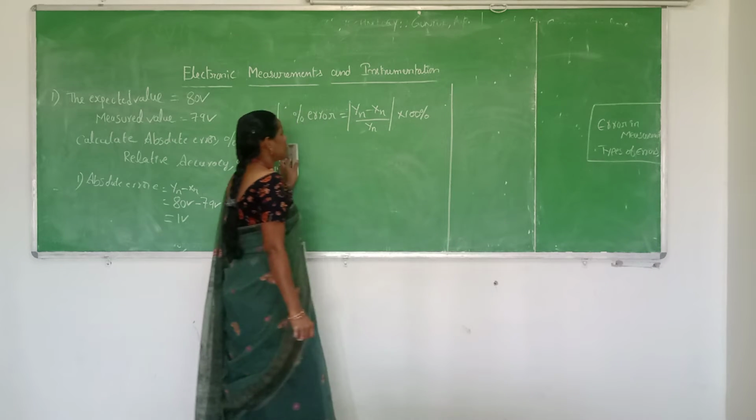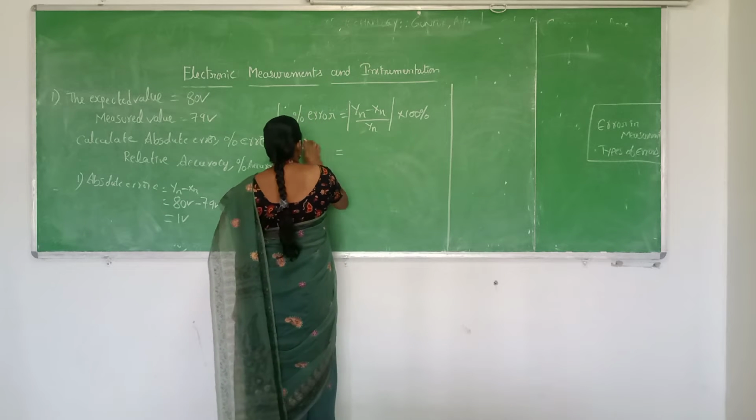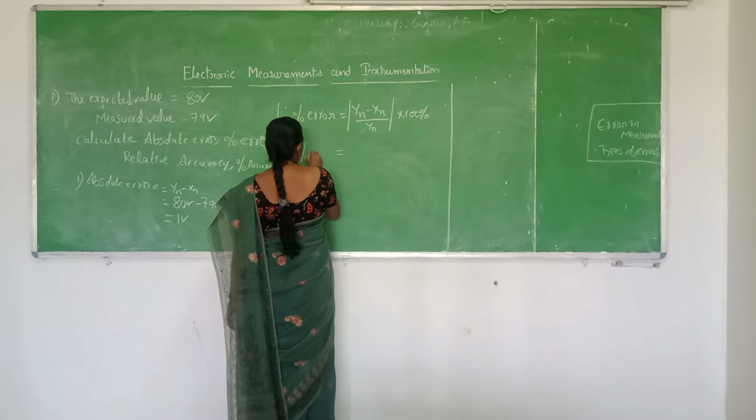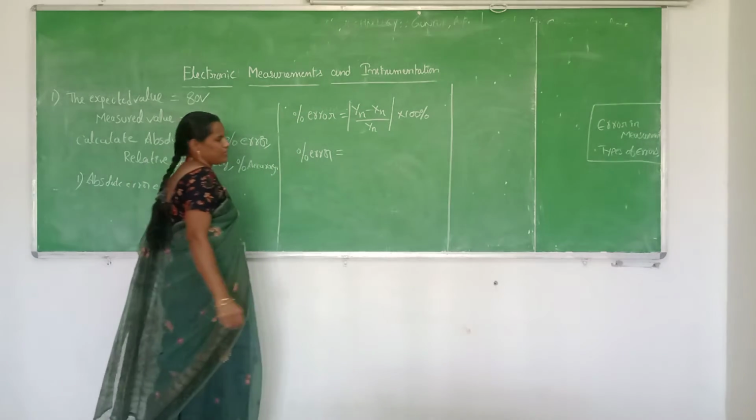Next we need to calculate the percentage of error. The percentage of error equals (yn minus xn) by yn into 100 percent, where yn minus xn is 1 volt.